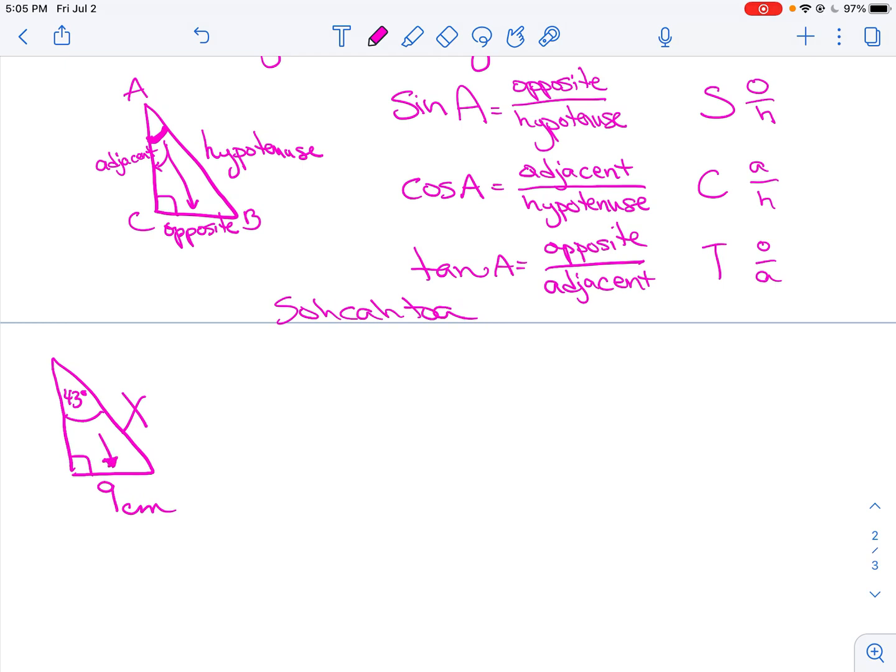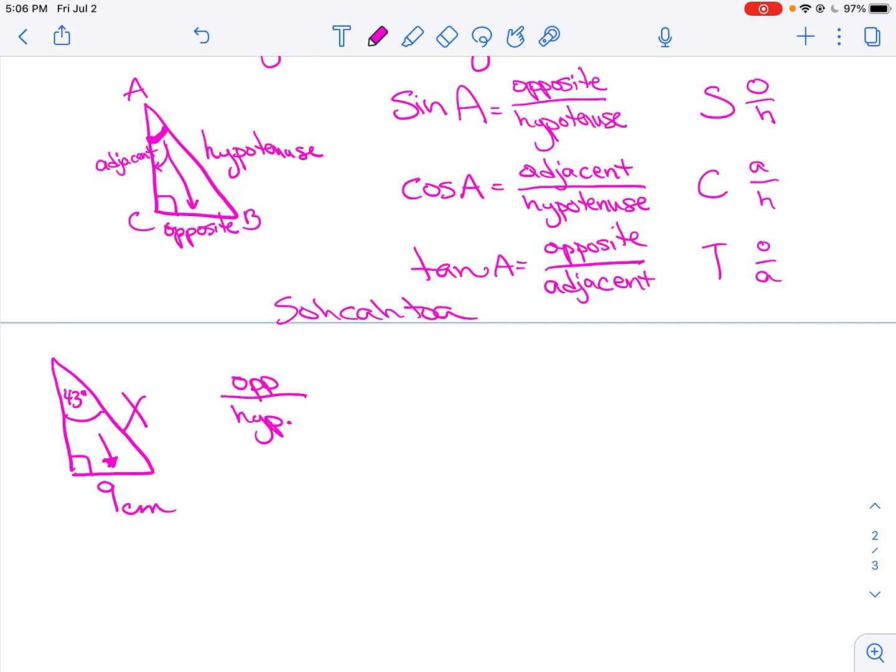It's not touching, so we have the opposite, and we have this x is the hypotenuse. Okay, opposite over hypotenuse. So which one of these trig functions are we going to use? Which one has opposite and hypotenuse? If you notice, it's going to be the sine.